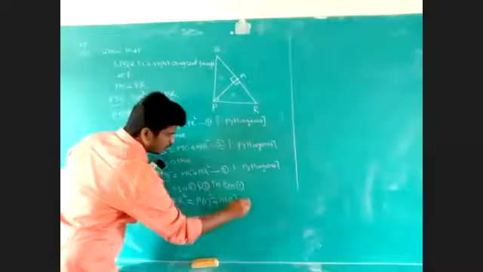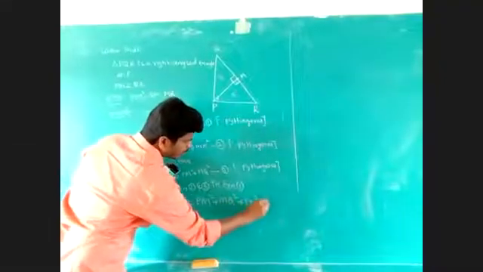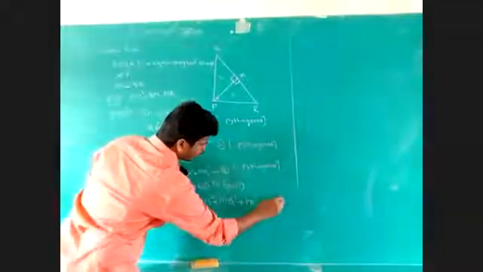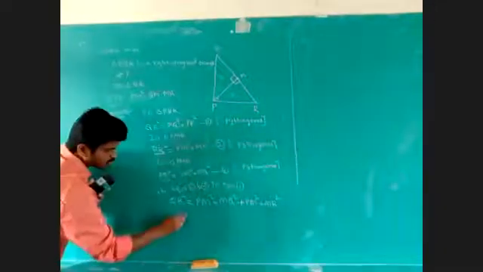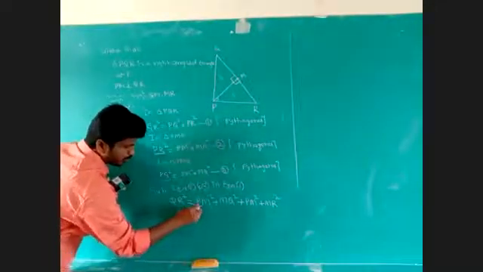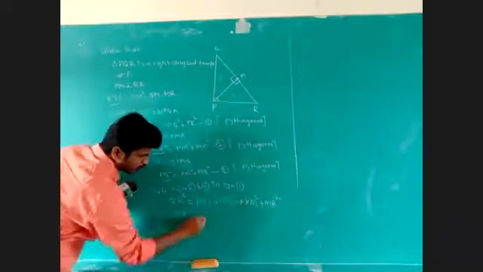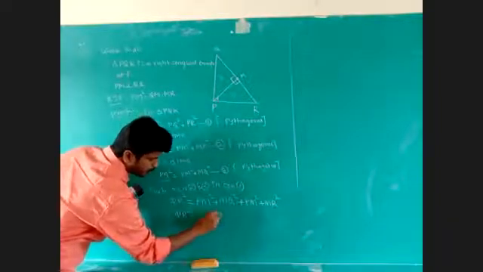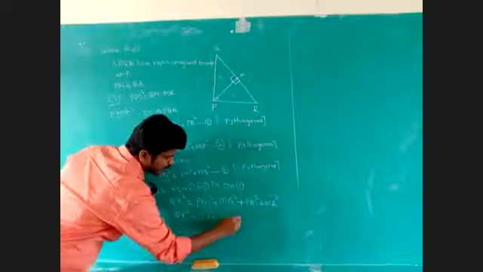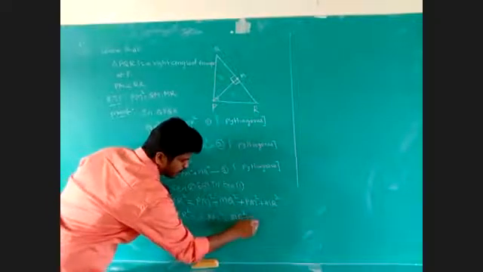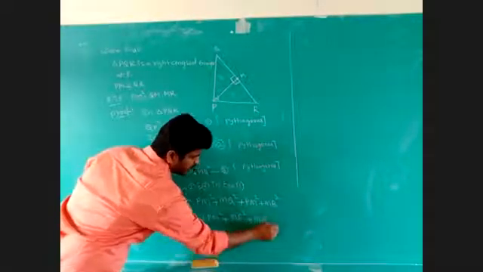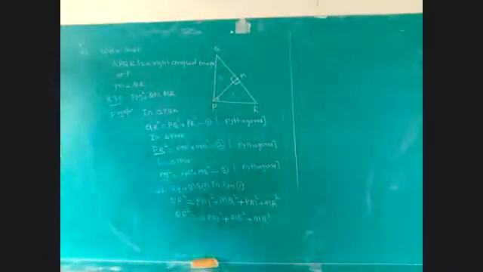PM square plus MR square. Now QR square equals PM square plus PM square, 2PM square, plus MQ square plus MR square, as it is. Is it clear?